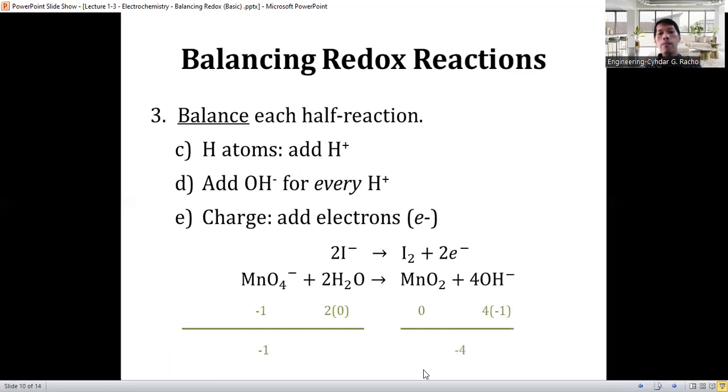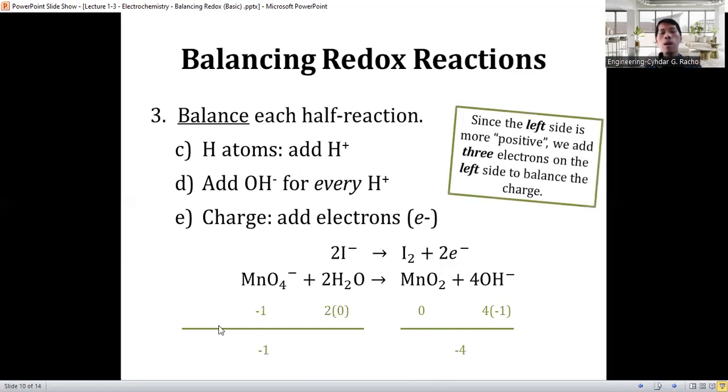Total, you have -4. So you need to add electrons on the more positive. So here we need to add electrons on the left side. Since the left side is more positive, we add 3 electrons on the left side to balance the charge. So we add 3 electrons. So we have -4 on the left side and also in the right side.